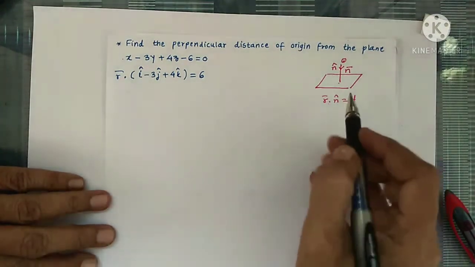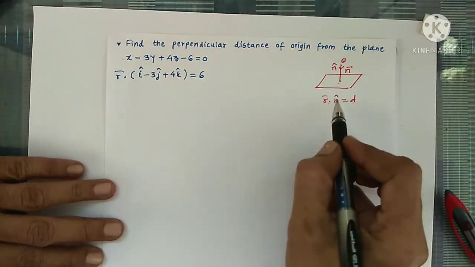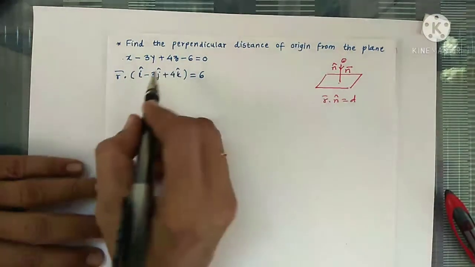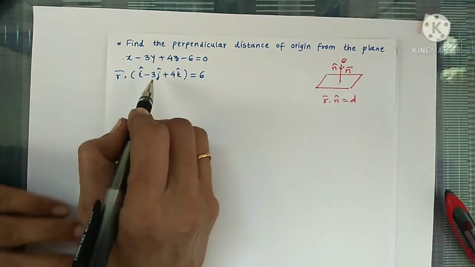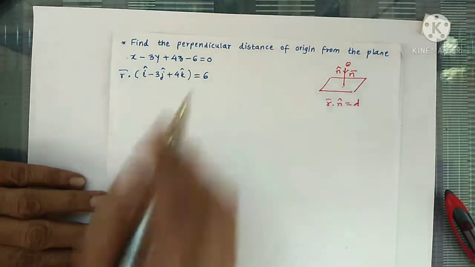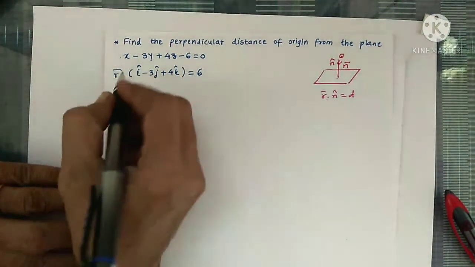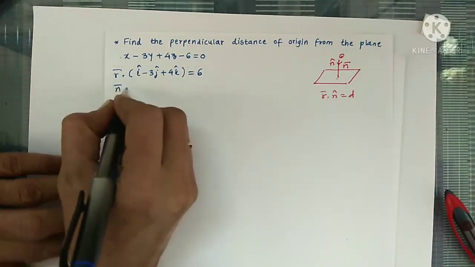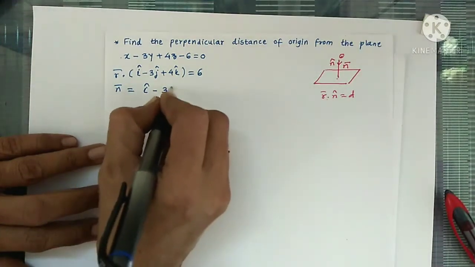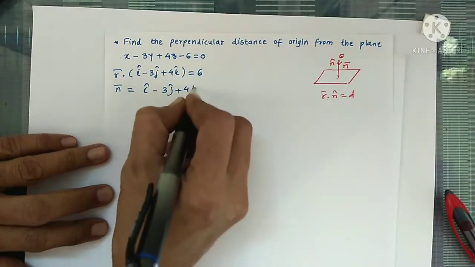To find the distance, what we want is a unit vector here. To find the unit vector, we have to find the modulus of the normal and divide both sides by that modulus. So let's find the modulus. First, n bar is i cap minus 3 j cap plus 4 k cap.